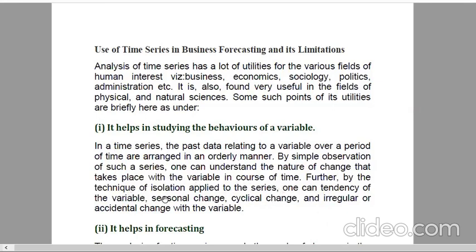Further, by the technique of isolation applied to the series, one can identify the tendency of the variable, seasonal change, cyclic change, and irregular or accidental change. Means the behavior of the variable can be changed. Seasonal changes can also happen, cyclic can also happen, irregular and accidental can also happen, right?